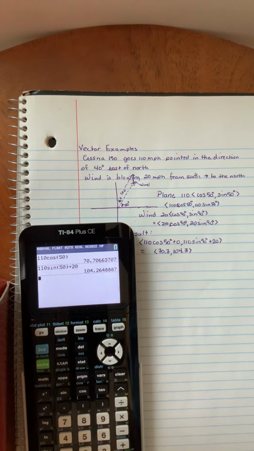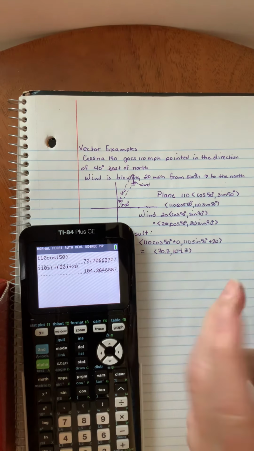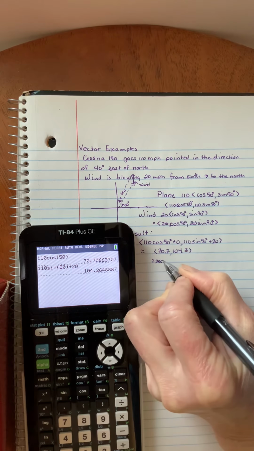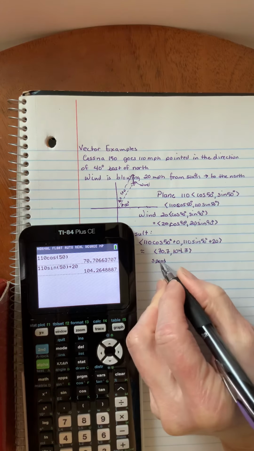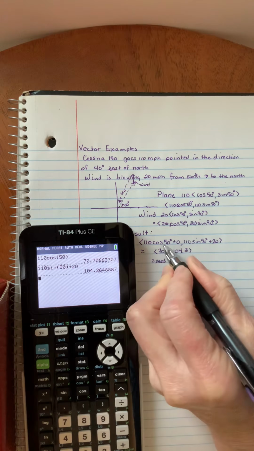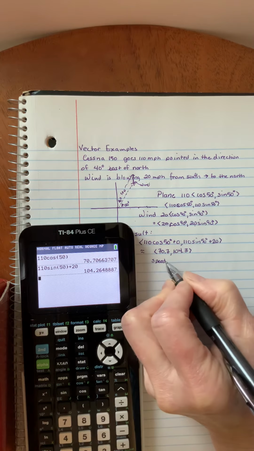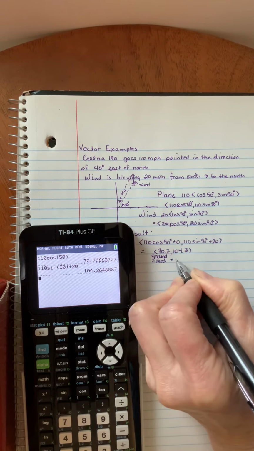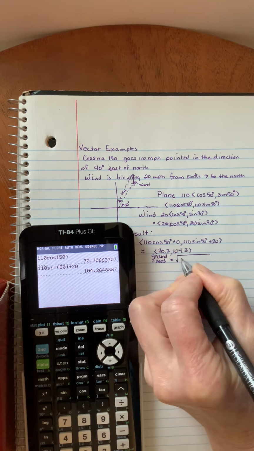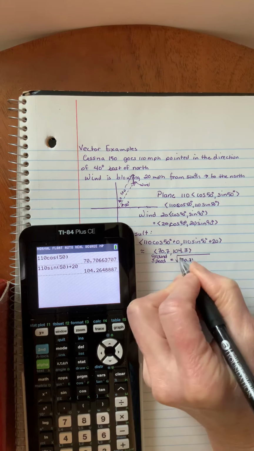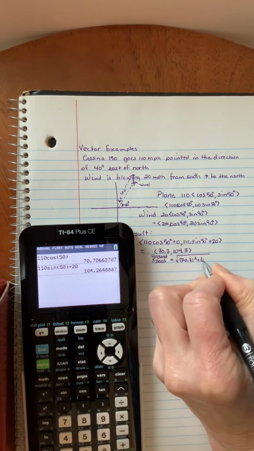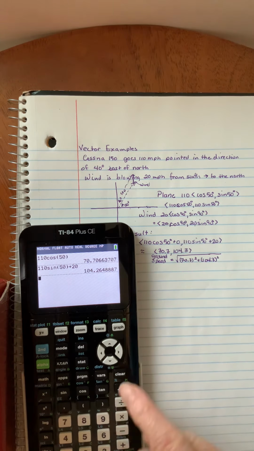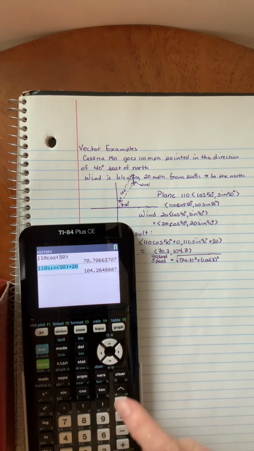Now, how fast is the plane going? Well, let's find the magnitude. So the speed of the plane, and this is not of the plane itself, this is called ground speed because it's in relationship to the ground. So we're going to call that ground speed, is equal to the square root of this 70.7 squared plus the 104.3 squared. So let me get these and take the better values that I've got.